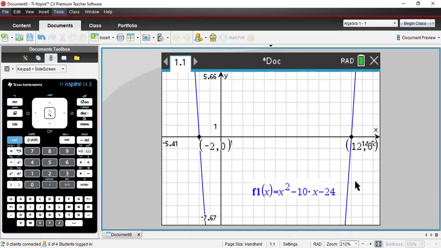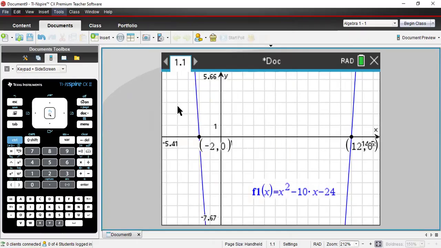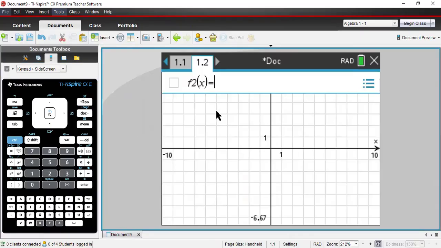Now what I'm going to do is graph this function here just like this, and then see if it has the same zeros. If it does, then we're good. So in fact, I'm just going to use new graphing paper, so that there's no overlap.